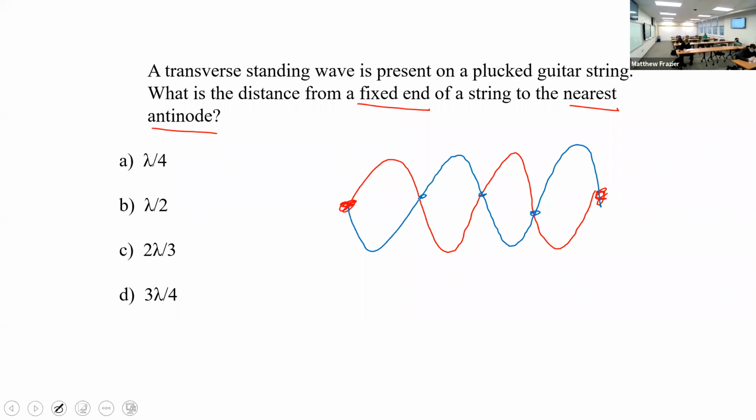So the nearest antinode, say to this one, has to be there. That is a quarter of the wave. Basically, to the first node is a half wavelength, and then you're going only half that distance with the quarter. Can everyone see that? Does that make sense?